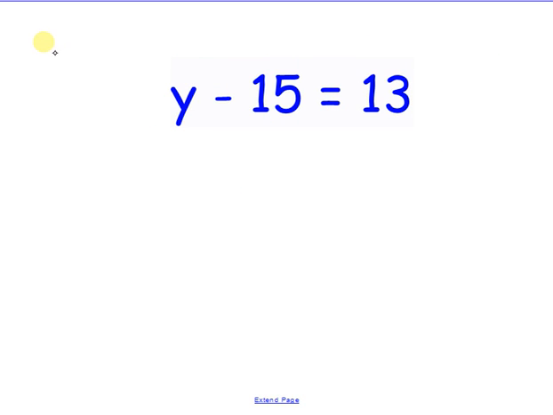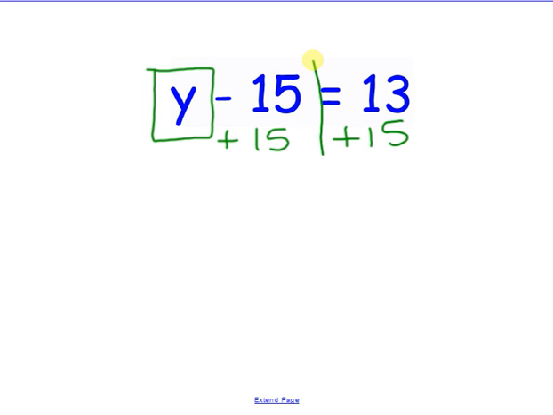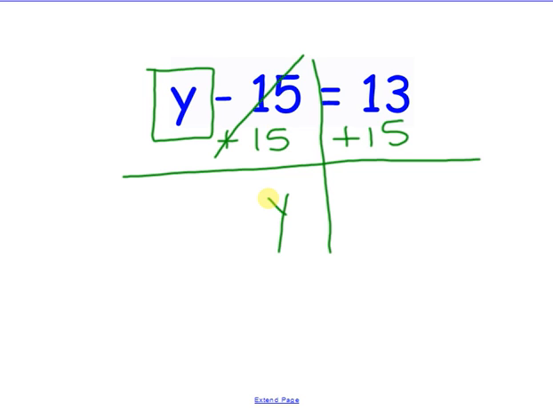Okay, y minus 15 equals 13. So box your variable. What number is attached to it? The minus 15. Okay, so what's the opposite of minus 15? Plus 15. Minus 15 plus 15 is going to cancel out, and you're left with y.